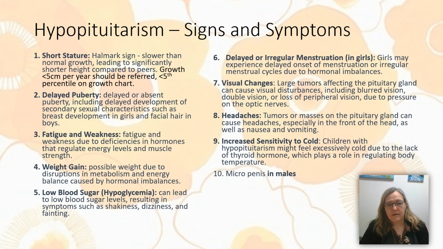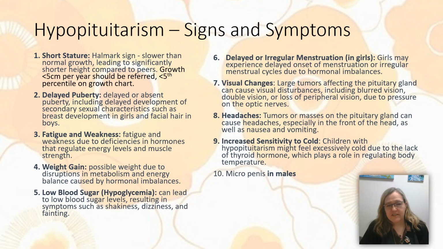And then delayed or irregular menstruation in girls is an important sign to be aware of. When you start to have Tanner stages, development of breast tissue or changes in voice and whatnot, in girls, they should start their period within a year or two of that. And if they don't, then that needs to be referred.